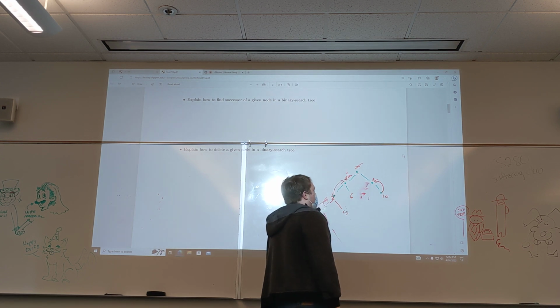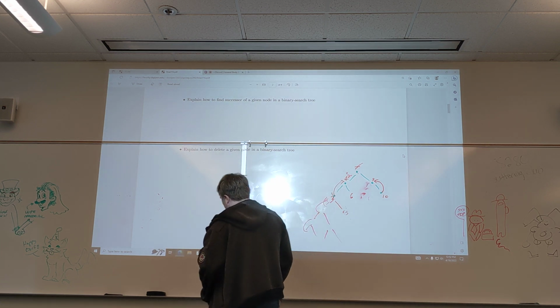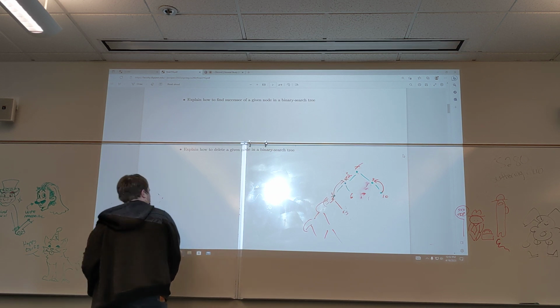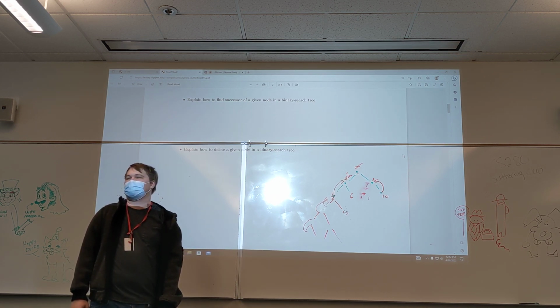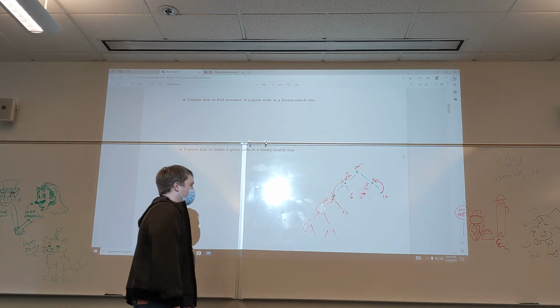Simple enough. 2 children, you promote a child, not necessarily, and then you copy the value of the left child, and then recursively delete the left child. Something like that. Okay, so yeah.